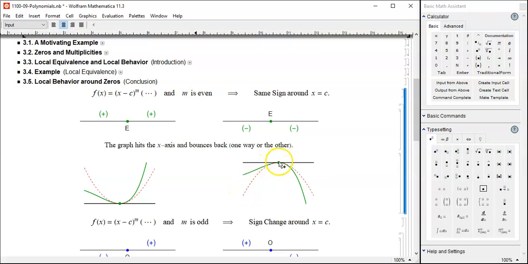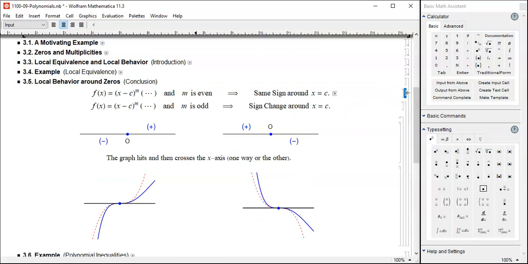So we have the same sign, U-shaped, hitting and bouncing back, whether it's forward U-shaped or upside down U-shaped, either way, it's bouncing. When m is odd, it's crossing. Negative, cross the x-axis and becoming positive, or vice versa. Positive, cross the x-axis and becoming negative, either one way or the other.